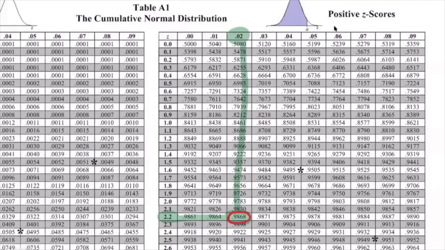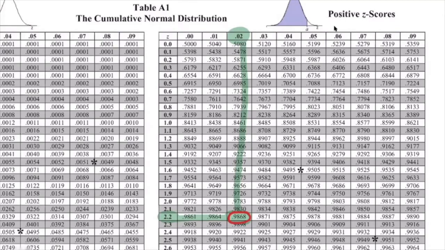Okay, any questions? That's not the p-value. This is giving the area to the left always. Don't forget, it only gives areas to the left. This is a right-tailed test, so we need to doctor that a little bit.